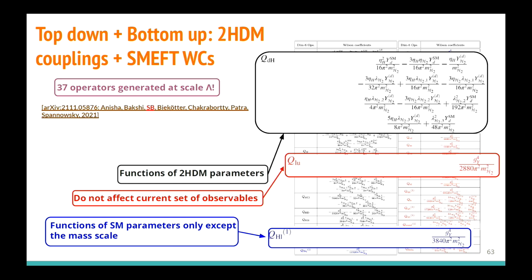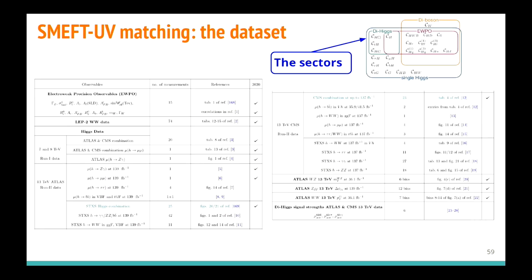So this energy cutoff scale will always be there in all of these operators because they will be suppressed by this new physics scale. So these are the three classes of operators that we get: the black ones, the red ones, and the blue ones. And we only deal with these black ones because these are the ones which are functions of the 2 Higgs doublet model operators and also constrained by the set of observables. This is the set of observables that I talked about.